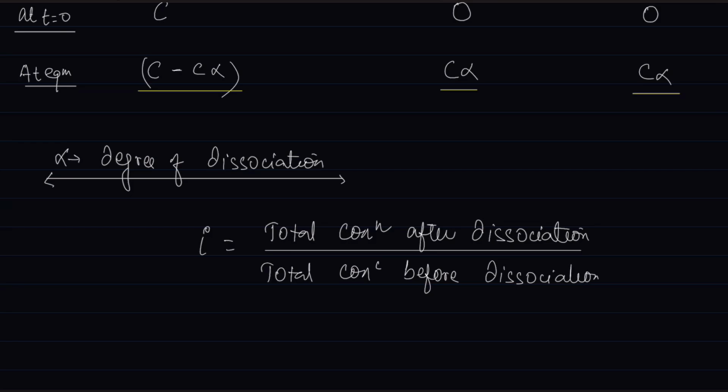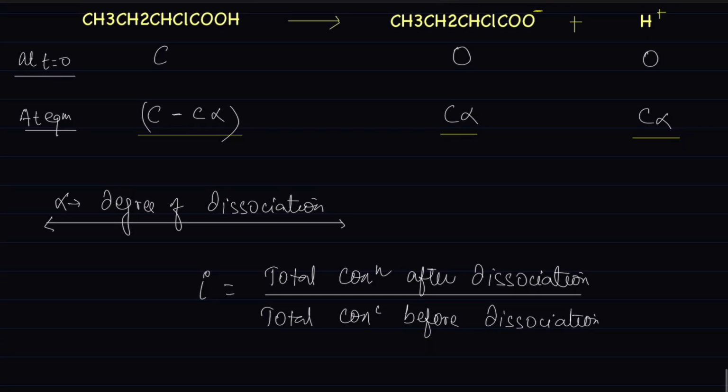So here, what is the total concentration after dissociation? So you see here, this is our concentration of the reactant and these are the concentration of product. So we can say that total concentration after the dissociation, we can add all of it. So C minus C alpha plus C alpha plus C alpha, it is equal to C plus C alpha.